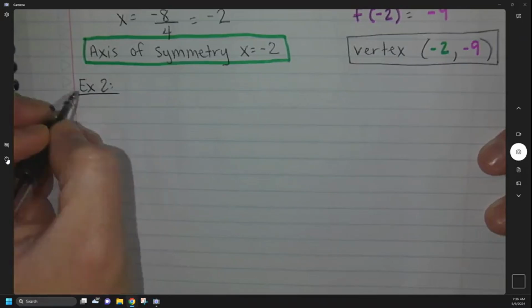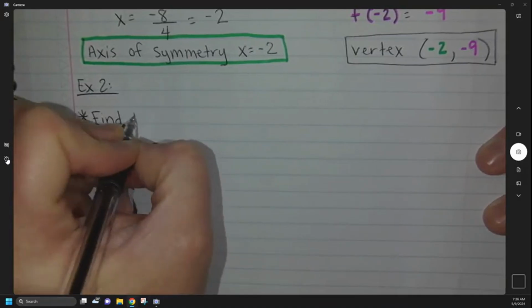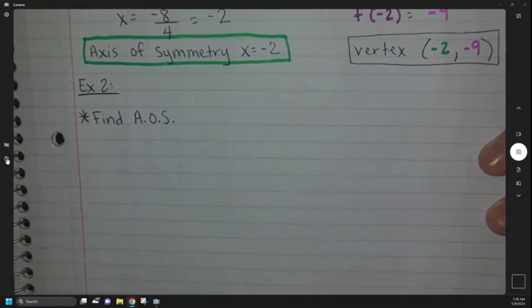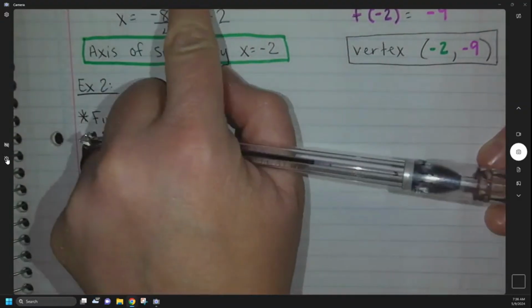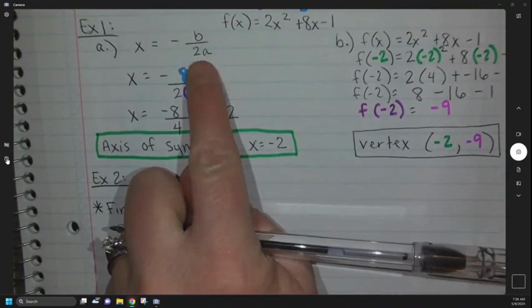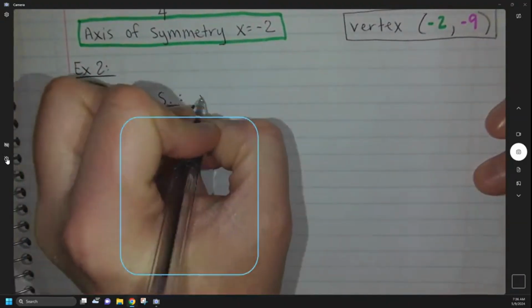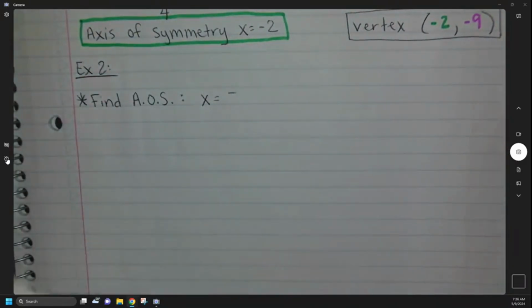So to find our axis of symmetry, let's jot this down as a reminder to ourselves. I'm going to use AOS for axis of symmetry as an abbreviation. We're going to start by finding that, still using the equation we had up here in example 1. So we have x equals -b over 2a.